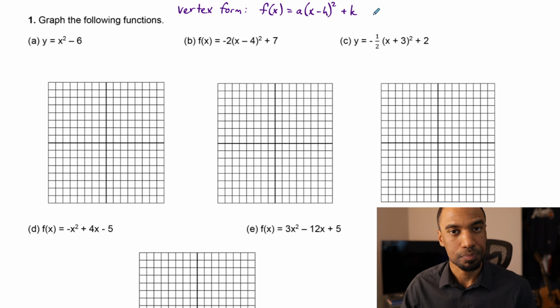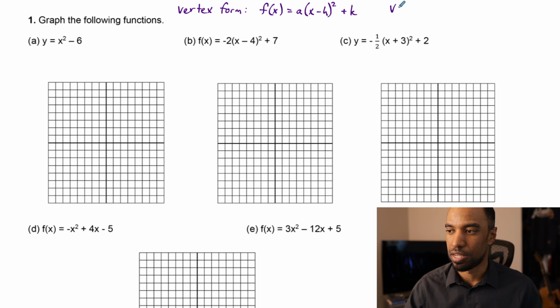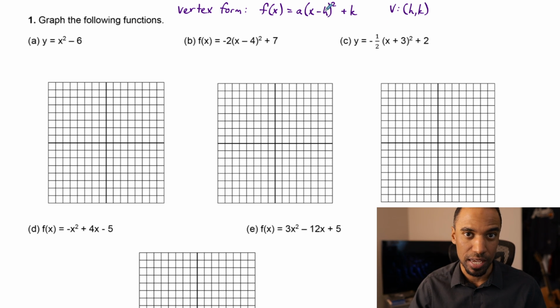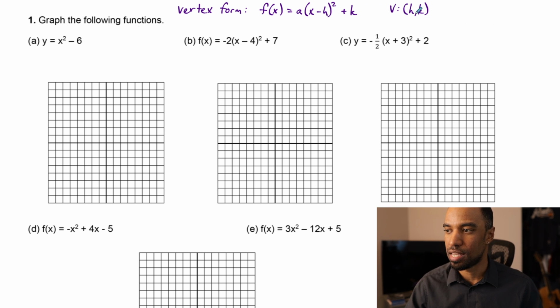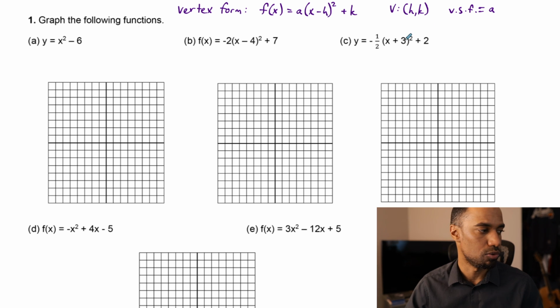There we go, plus k. The vertex appears at (h, k). We use the same approach: whatever is the opposite of the sign in x minus h is your h value, and k is the same, just as it appears. And then the vertical stretch factor is the letter a. Of course, that's going to be used in great detail. So that's the vertex form there.